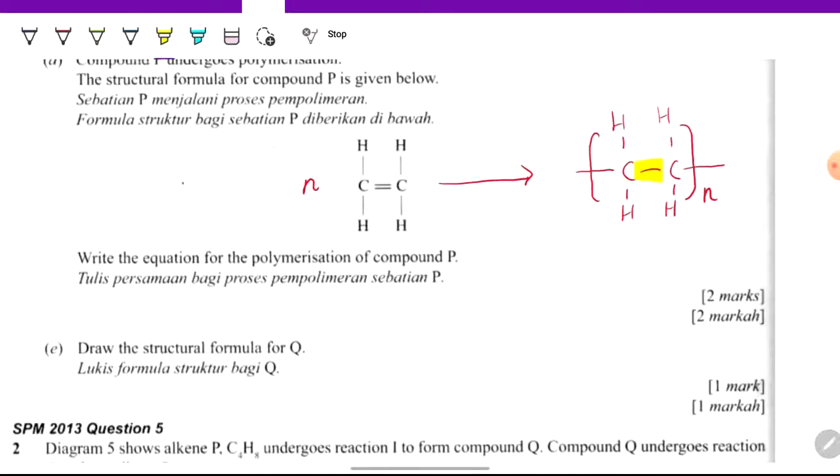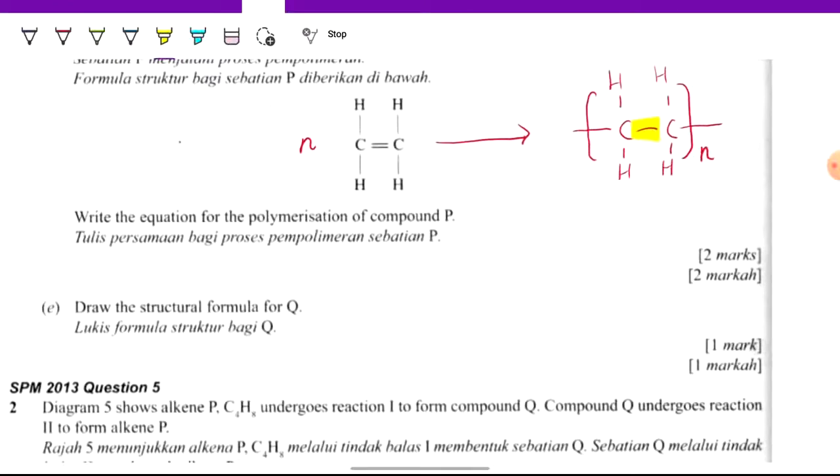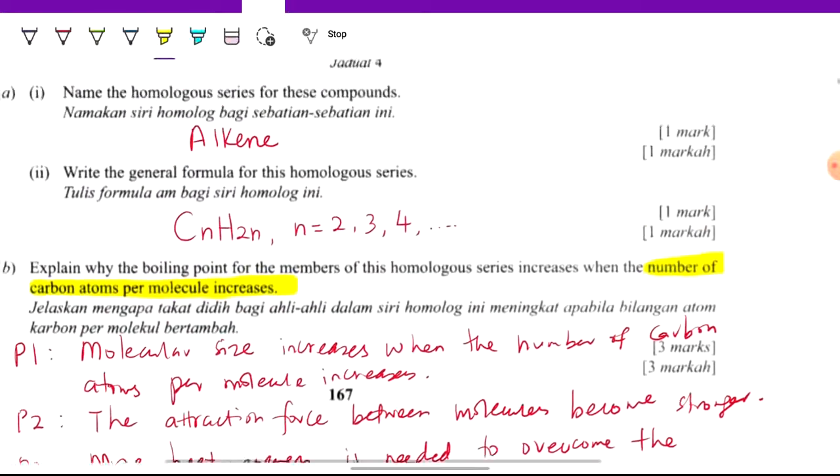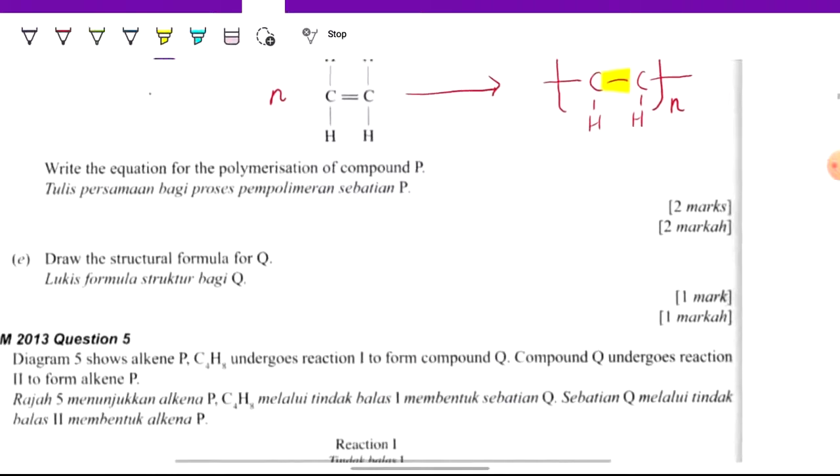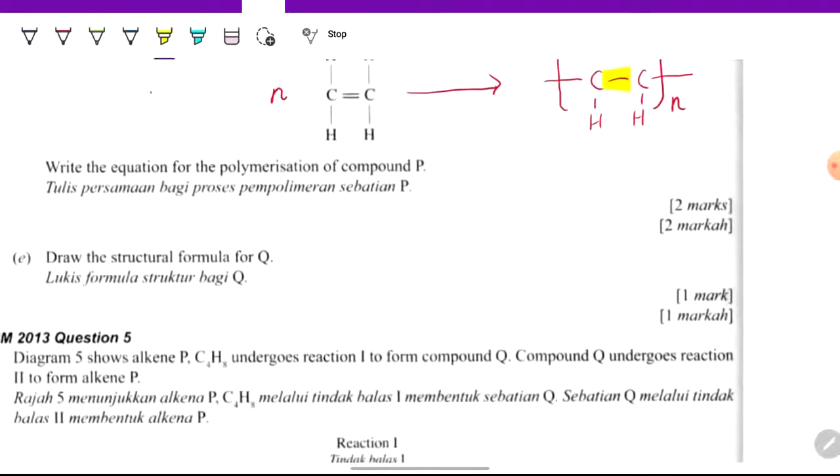Okay. Now draw the structural formula for Q. So Q actually is propene, right? Okay, propene, so C3H6. Meaning that it has 3 carbons, and it has a carbon-carbon double bond.